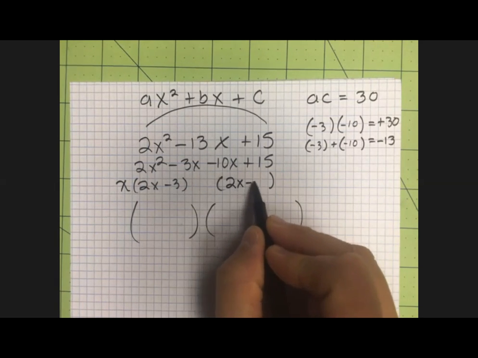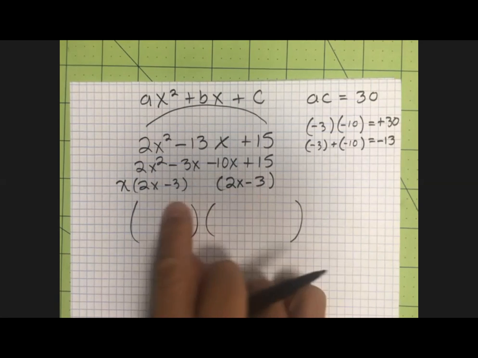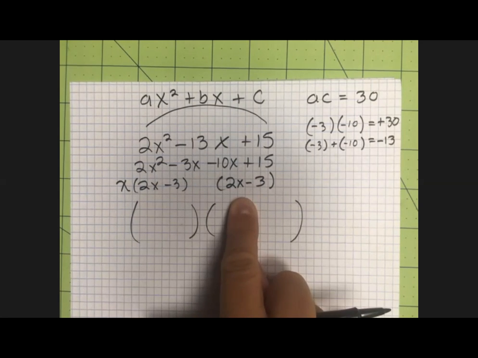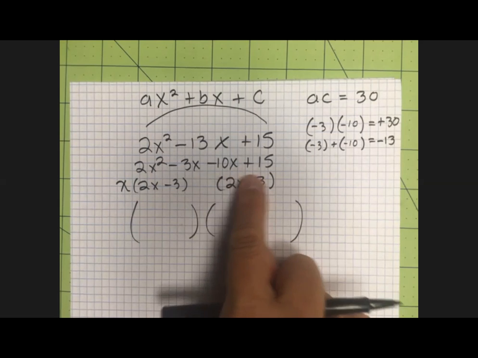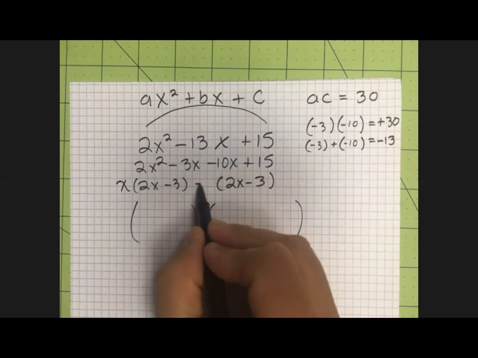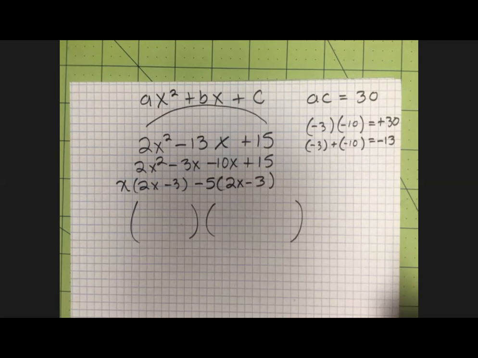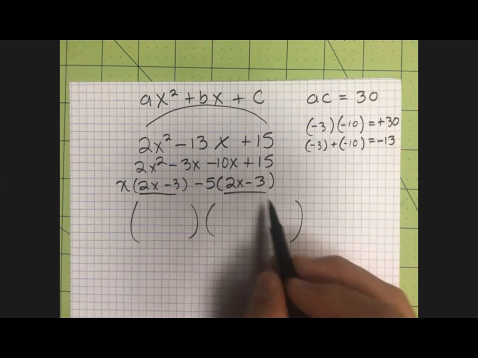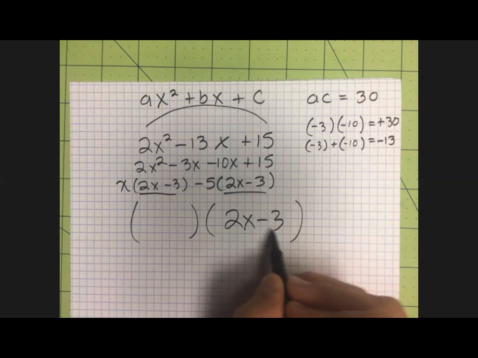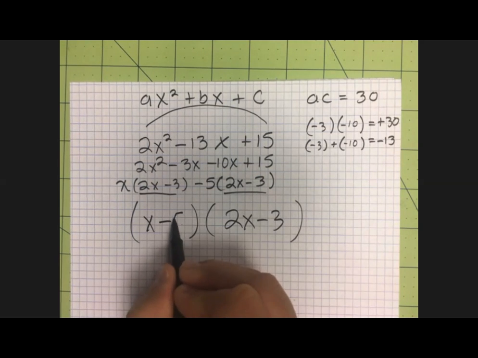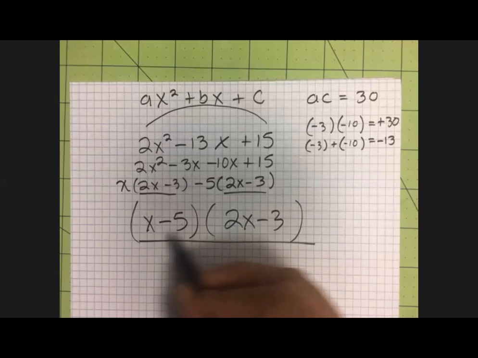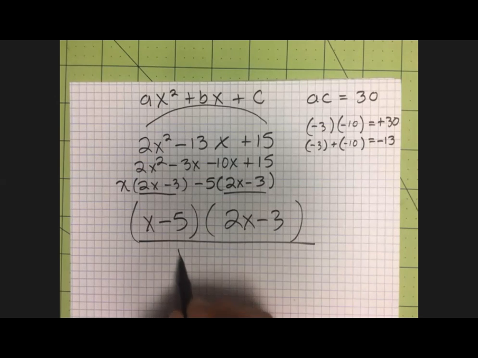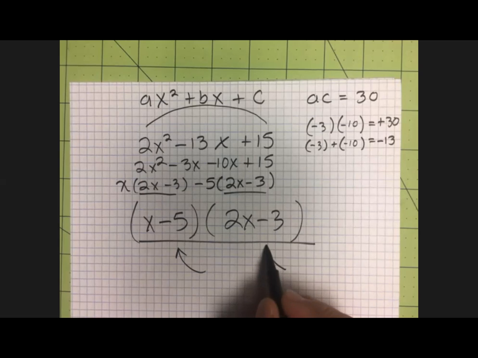You want to see another 2x minus 3 badly so you can match. So you should do what to get 2x minus 3 in there? Pull out a minus 5. But once you've done that and you remove the 2x minus 3, then what do you see is left? Minus 5, x minus 5. And that's the minus 3 and the minus 5 that Jacob said he saw. I'm presuming.